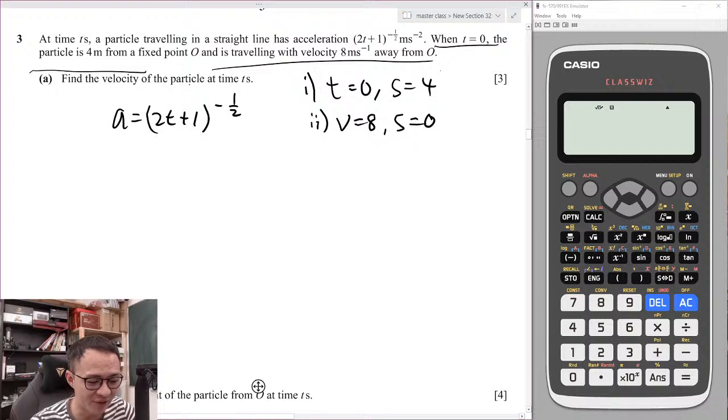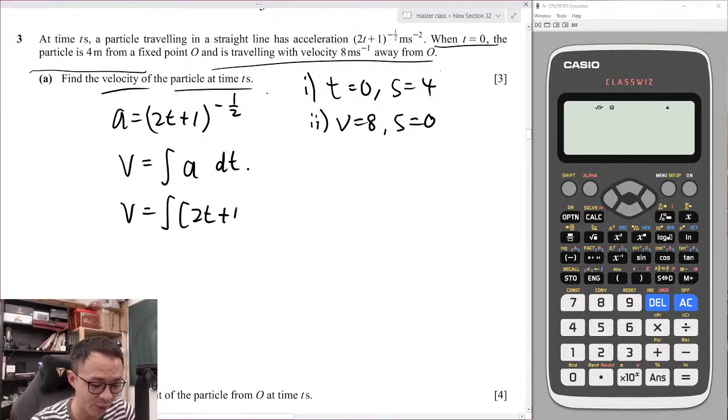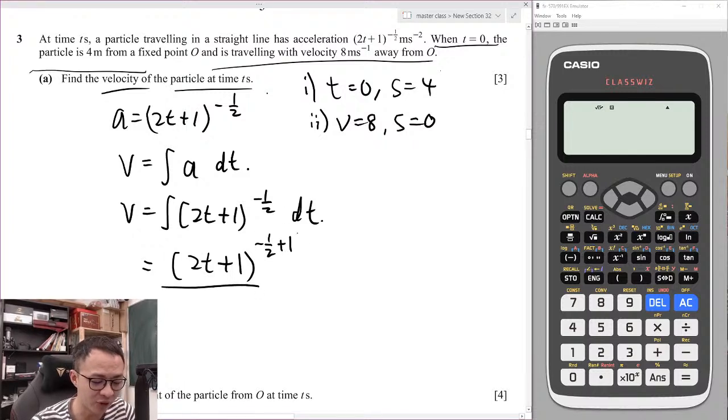So they asked us to find the velocity of the particle at time t here. So I want to find v. I know I need to integrate a dt here. So I will integrate a, which is (2t plus 1) power negative half, dt. When I want to integrate, the integration law tells me what? Power needs to plus 1, divide by the new power I have, which is half.